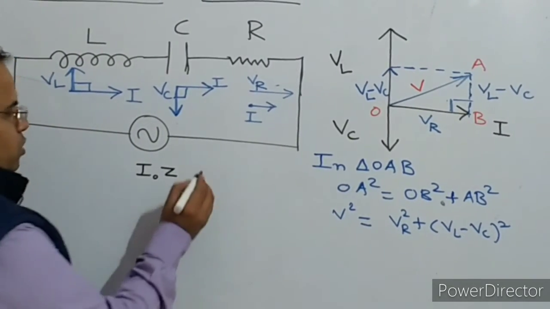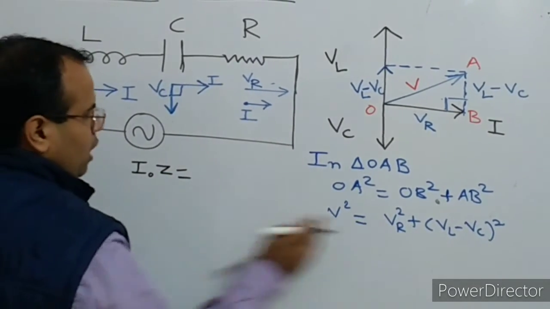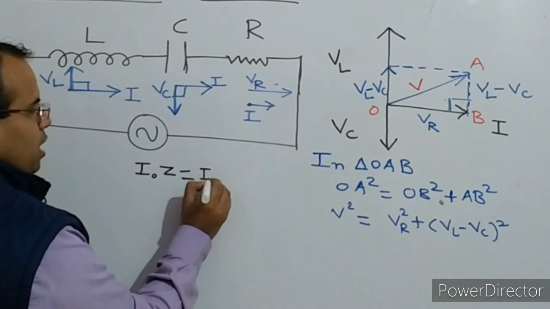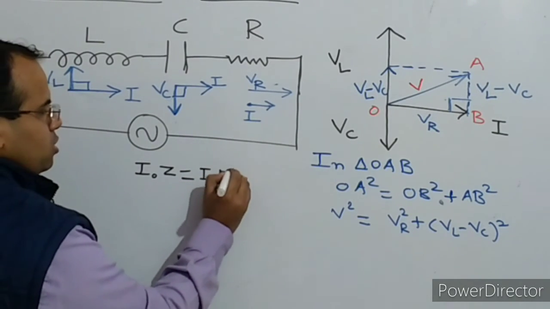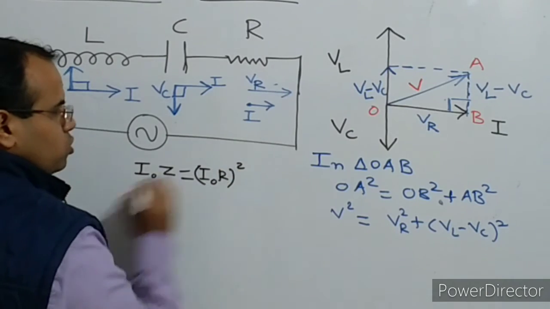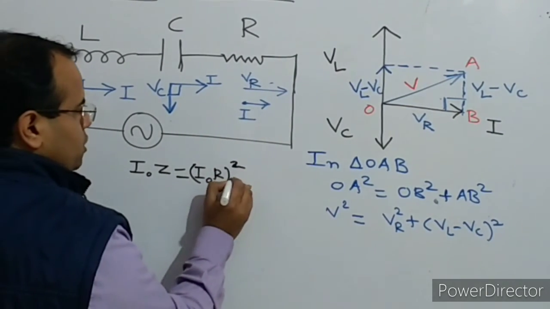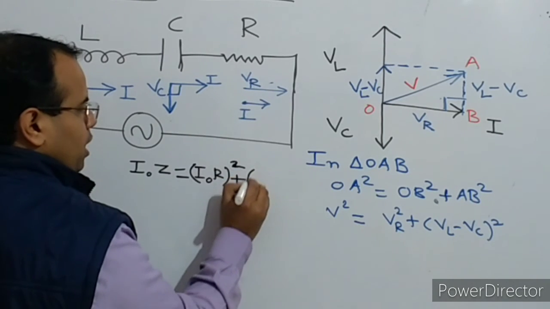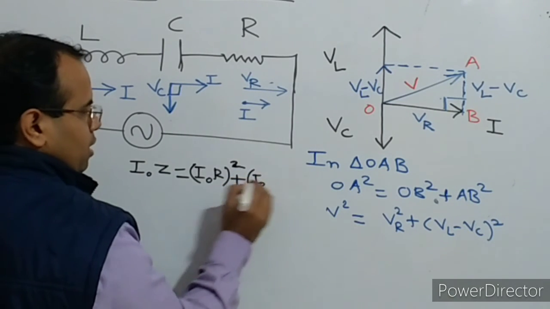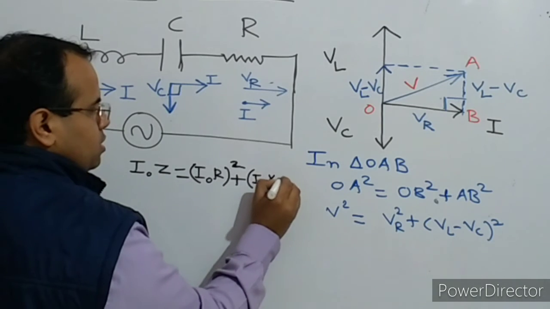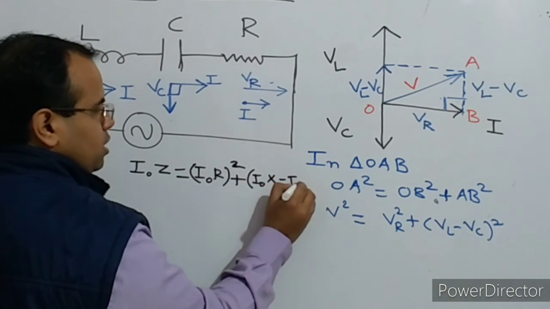Now here you have VR, which you can write as I naught R, and its square is also there, so it is I naught square R square. Next is VL minus VC, so for that you can write I naught XL minus I naught XC.